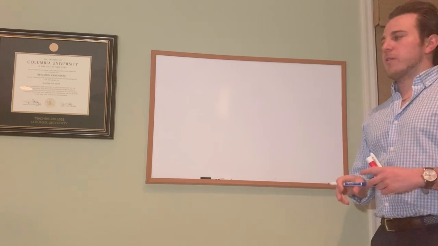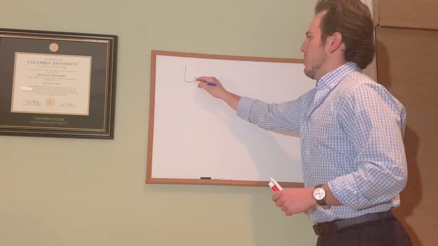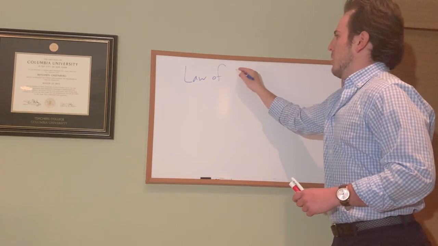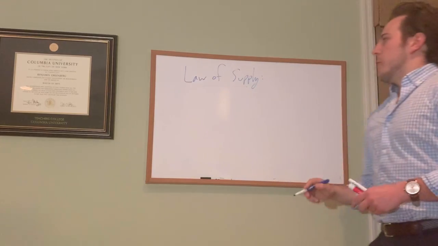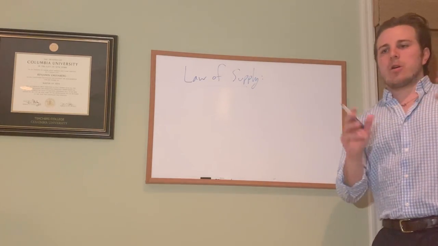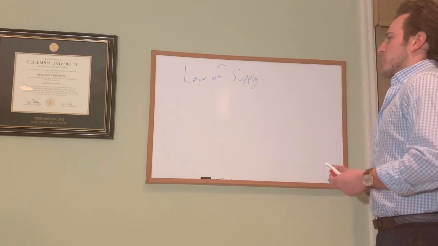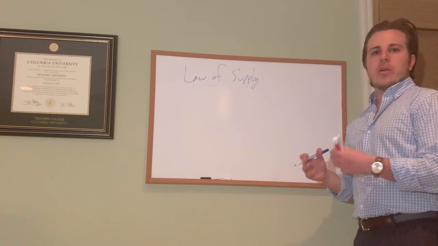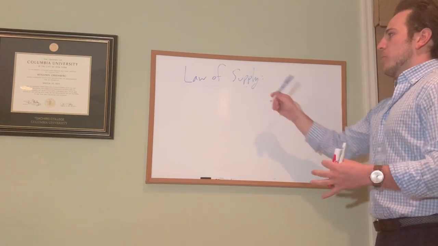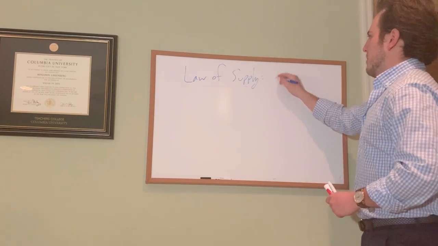And now it's time to look into the law of supply. Okay, so the law of supply, it's actually very simple. The law of demand, of course, as we already studied last week, is when price of a good or service increases, the quantity demanded decreases. The law of supply is exactly the opposite.